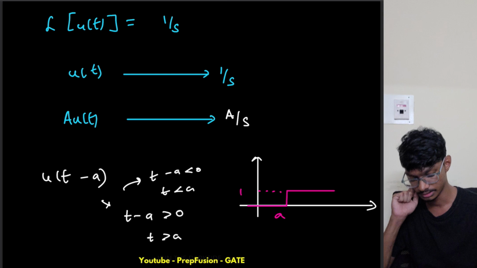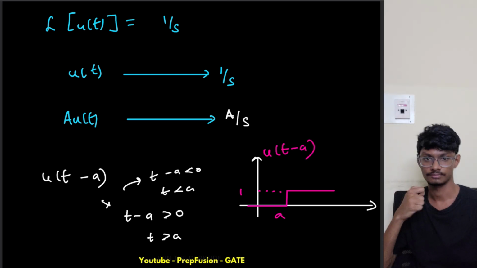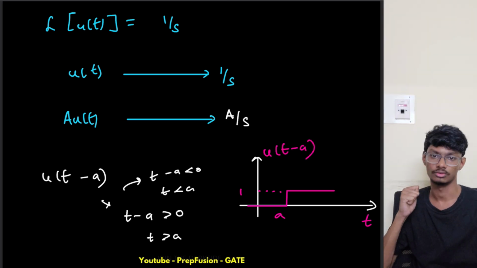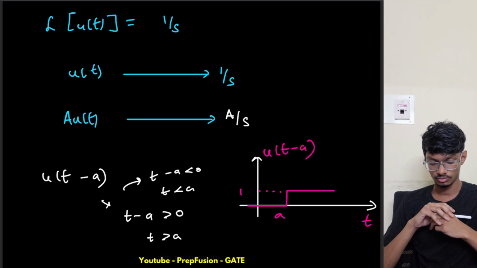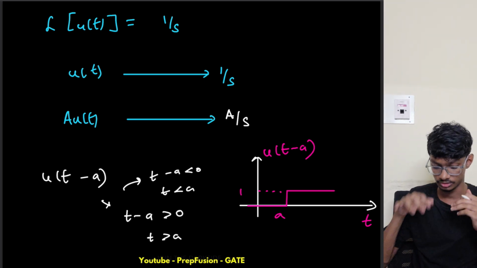This is u of t minus a, and this is t only. So yeah, this is the graph for the u of t minus a function.